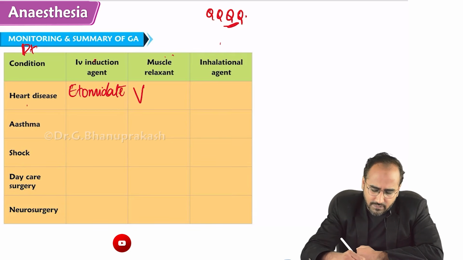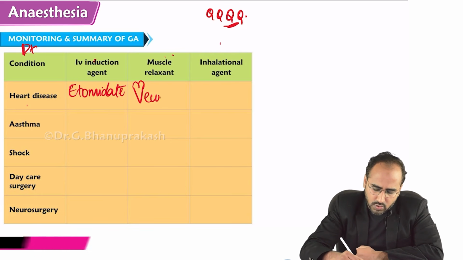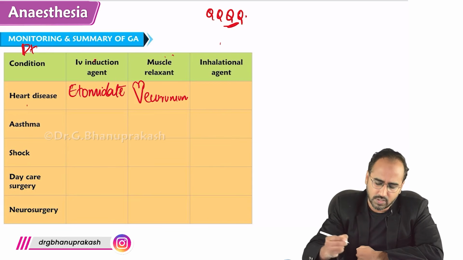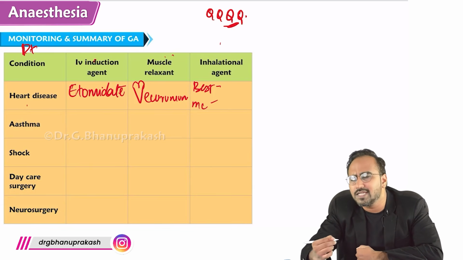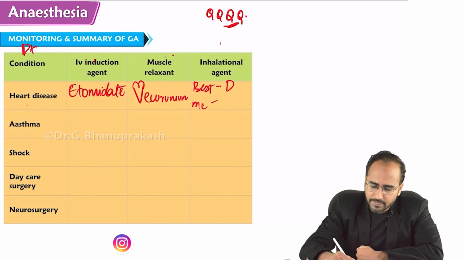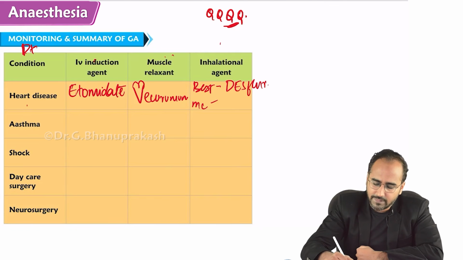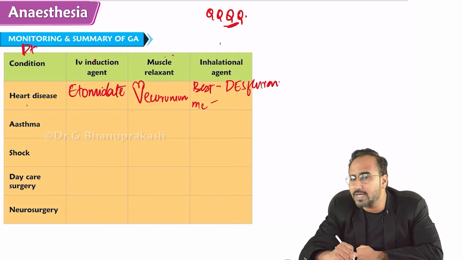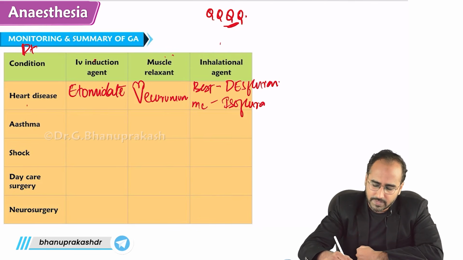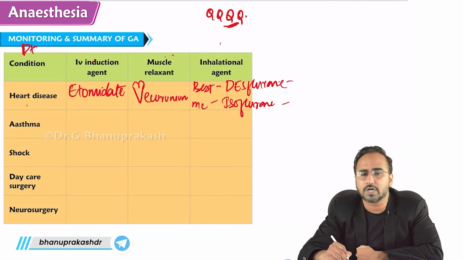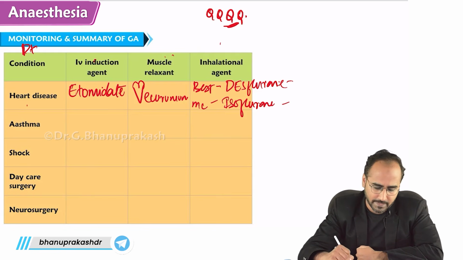I will write just V, which looks like a heart, which is vecuronium. Inhalational agent: there is the best and the most common. The best inhalational agent that is least cardiac depressant is what, guys? Desflurane. And which is the most common inhalational agent used for heart disease? Isoflurane. The best is desflurane, but most commonly we choose isoflurane.